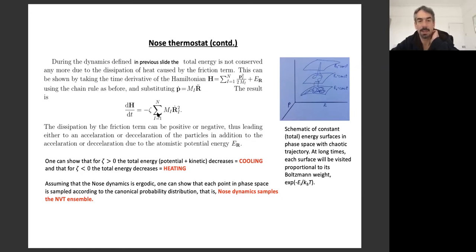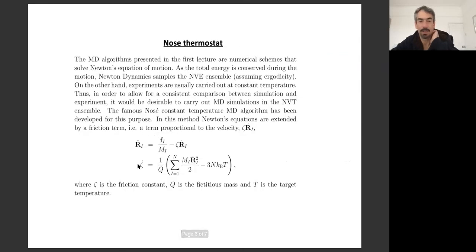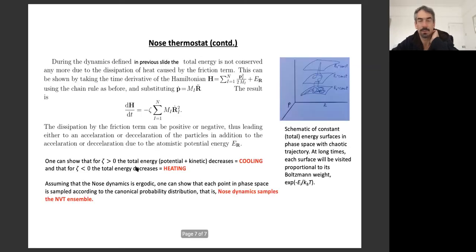Now this friction parameter is determined by that differential equation, so that you also have to solve. Now, if, for instance, the friction coefficient is positive, then the total energy decreases. Obviously, everything is positive, this is negative, so total energy decreases.